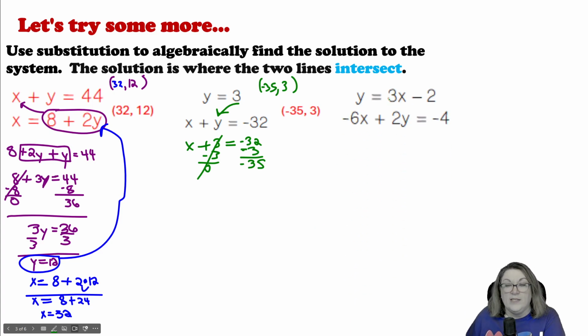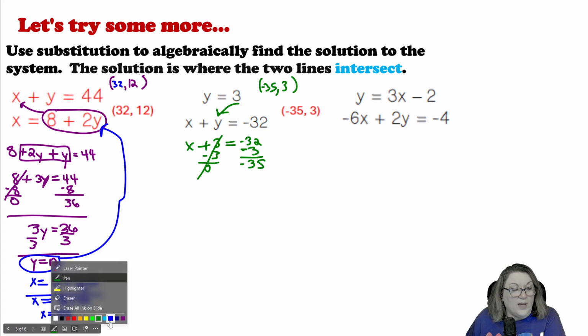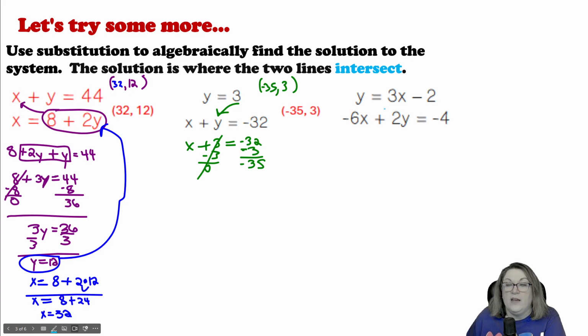All right, so now we have another one. This one is in slope-intercept form, and one is in standard form. So let's go ahead. Okay, I haven't used this one yet. So we're going to take what y is equal to and substitute it in place of that y right there. And when I do that and rewrite this second equation, I end up with negative 6x plus 2 times all of this, times y, but y is all of this stuff that I just circled.